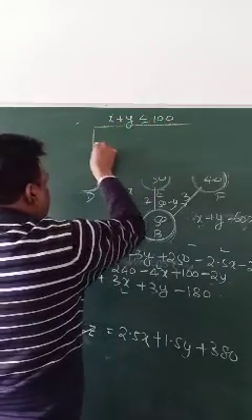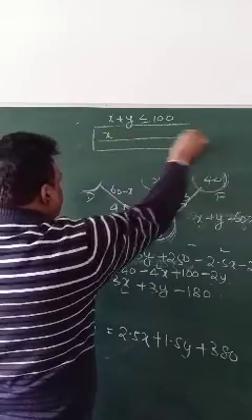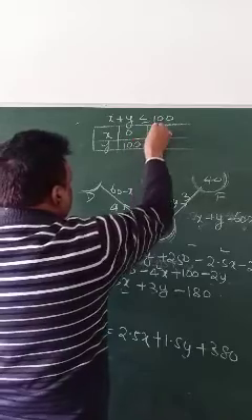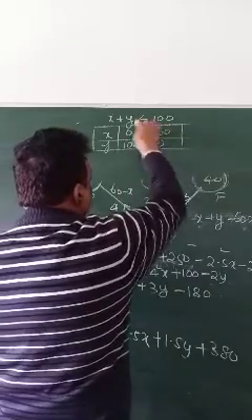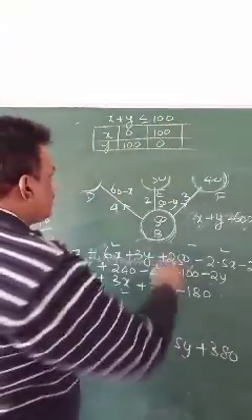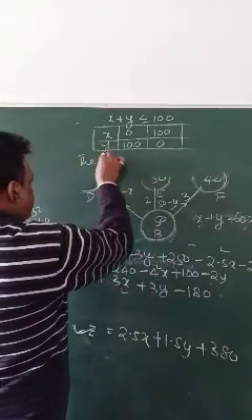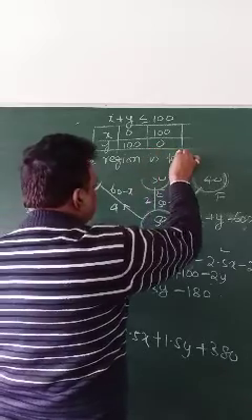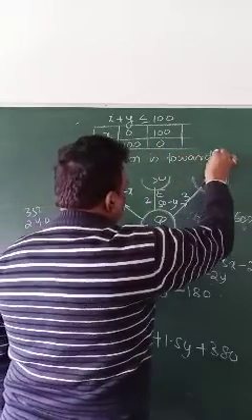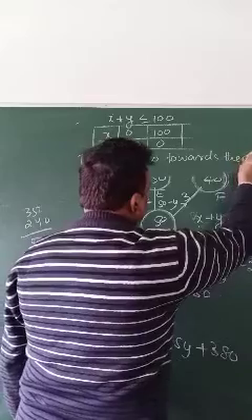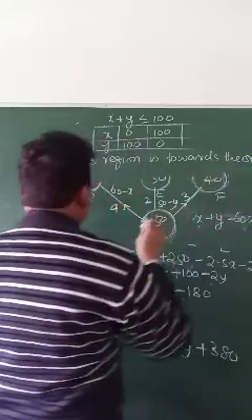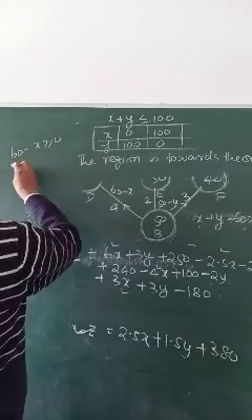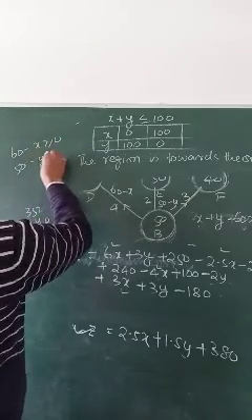What is the table of this? 0, 100; 100, 0. Less than constant, so the region is towards the origin. Already I have discussed this. Then 60 minus x greater than 0, 50 minus y greater than 0.